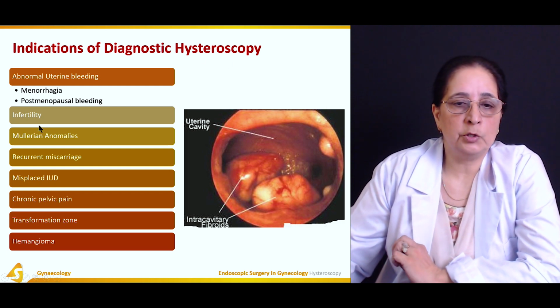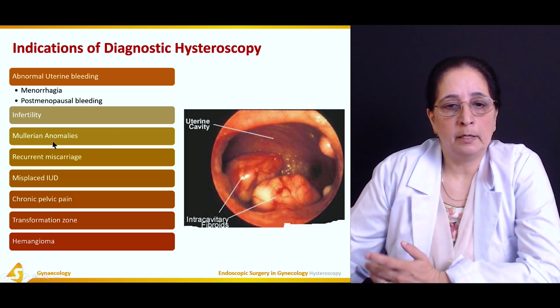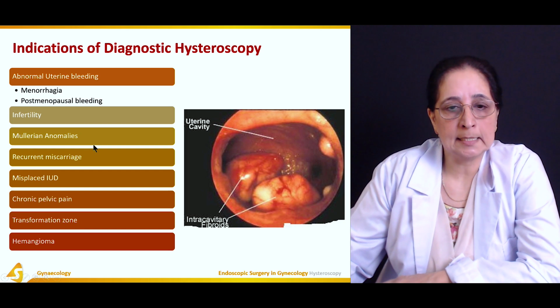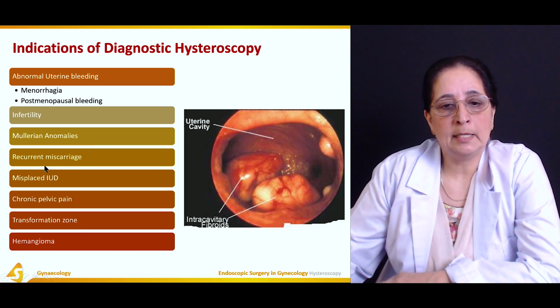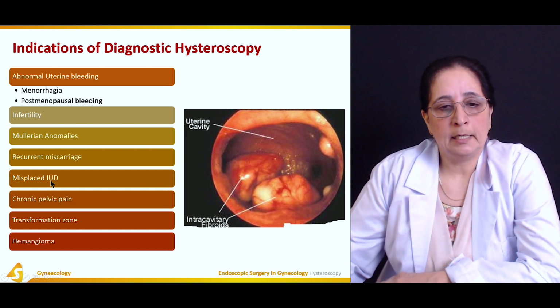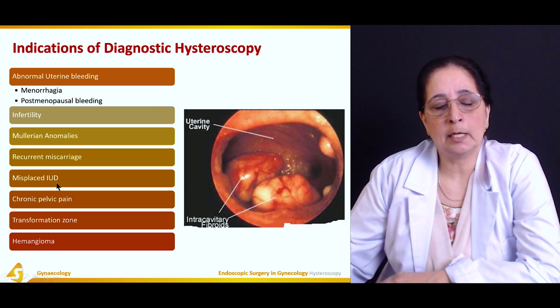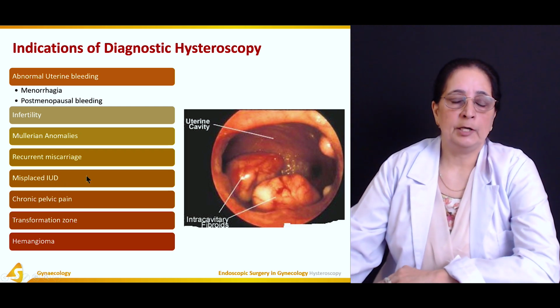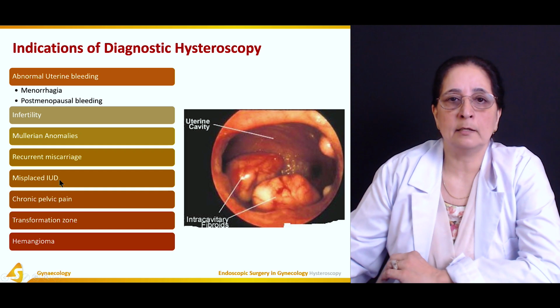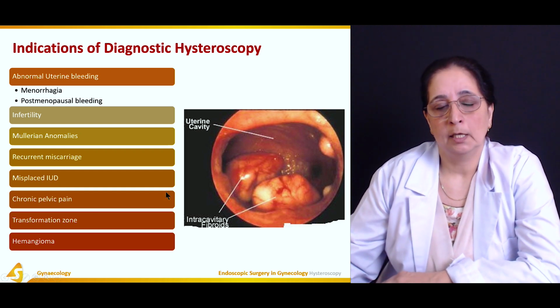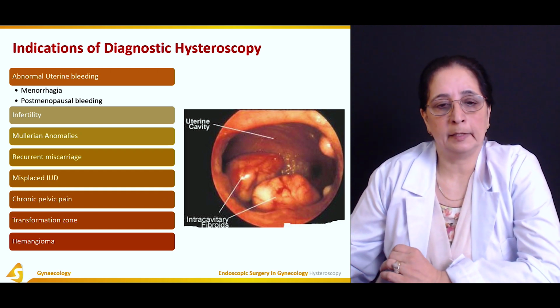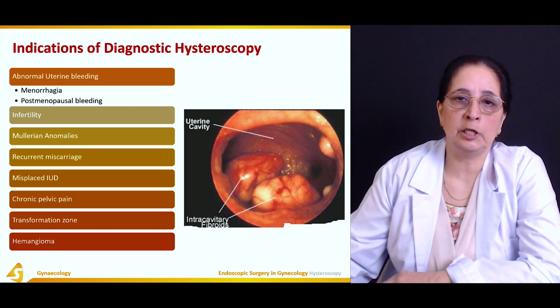Then it is also used for infertility, any Mullerian anomalies, recurrent miscarriages, and any misplaced IUD. Sometimes when an IUD, an intrauterine device, is inserted, it gets lost. The thread is not there, so it is lost inside the uterus.